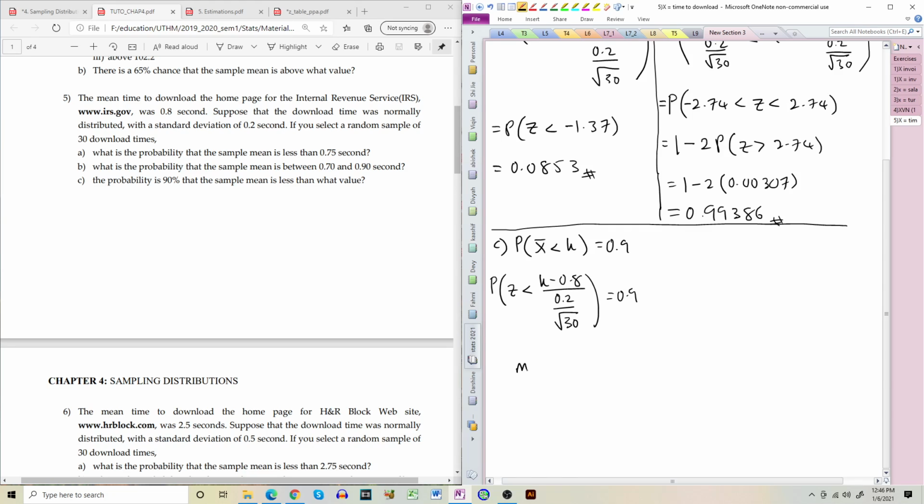Again, let us denote m by k minus 0.8 over the standard error.